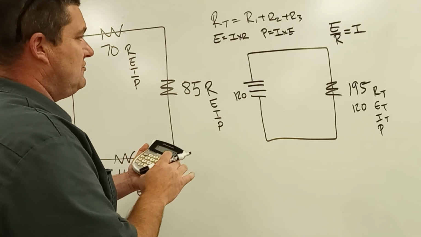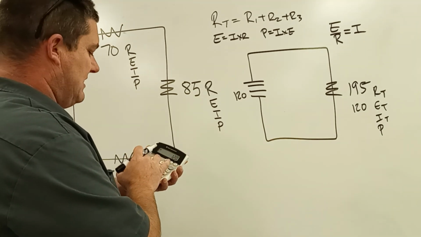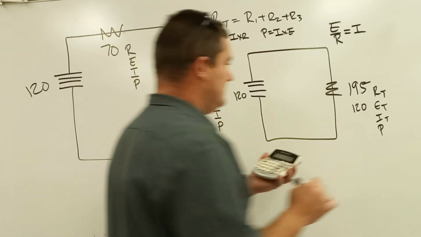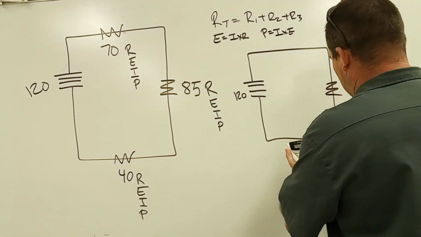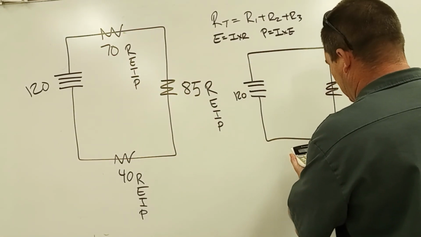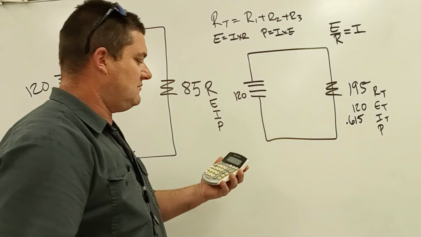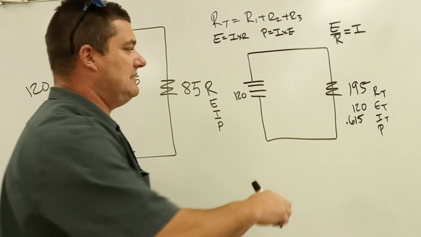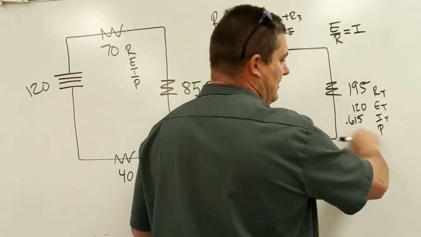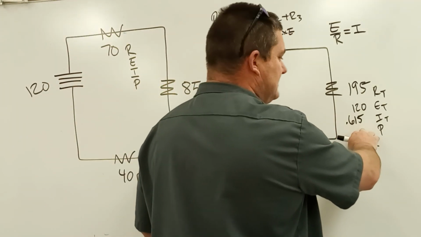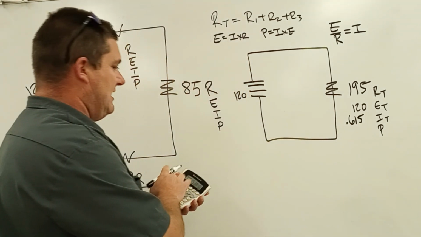So we have 120 volts divided by 195 ohms, and for our current I get 0.6153846, and it keeps going. But just to display, so we all use the same numbers to the thousandth, it's 0.615.